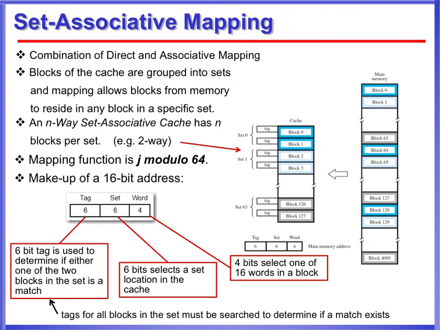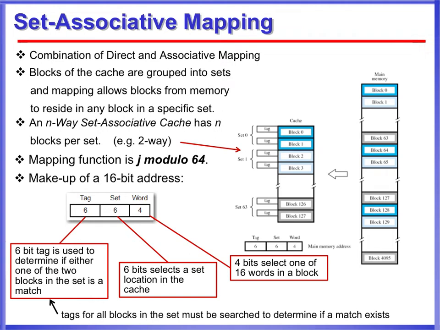If it isn't, you know that address is not in cache, and you're going to have to go and get that address from main memory. Not just that particular address, but the whole block that it sits in, because we don't copy just one address to cache at a time. We copy a whole block, and we're going to put it into one of these 2. So those are the 3 basic types.